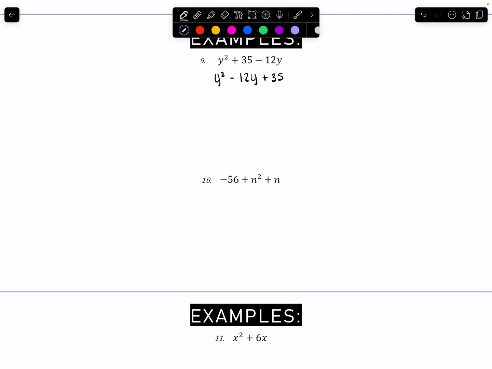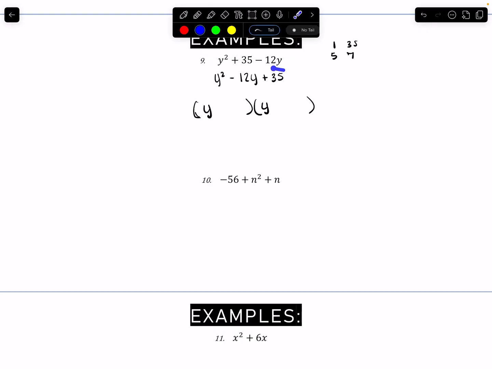So what we're going to do here is we're going to say, okay, we know this factors into something times something. We know the only way to get y squared is to get y times y. Now, whatever goes here should multiply to give me this number and add to give me this number. So 35, we've got 1 and 35, 5 and 7, and that's it, right?